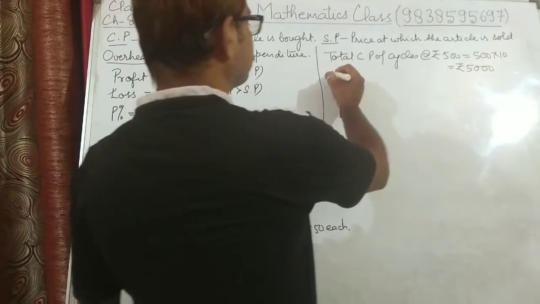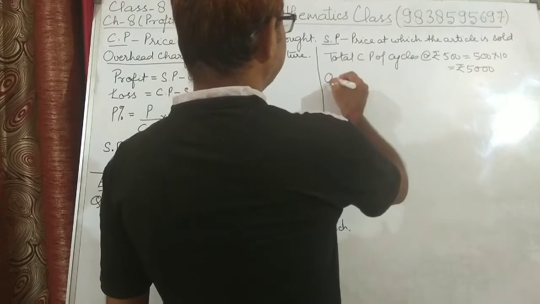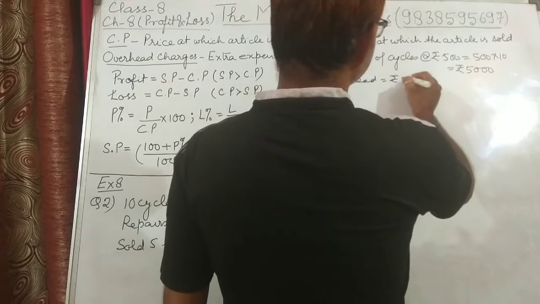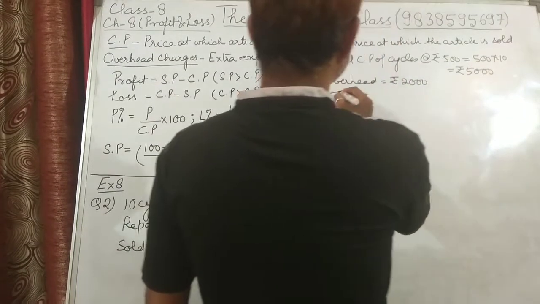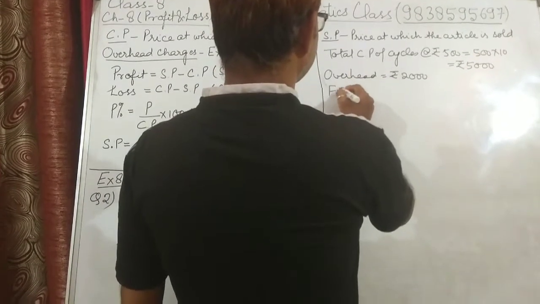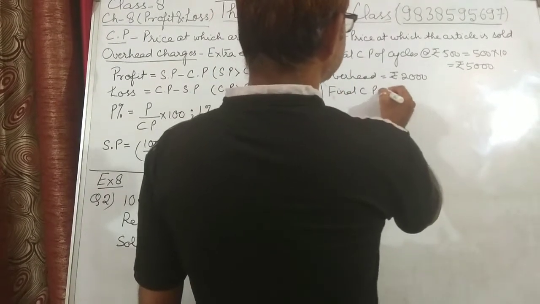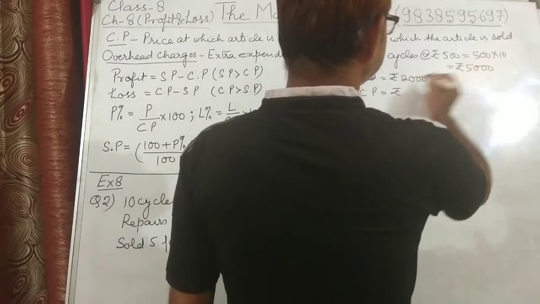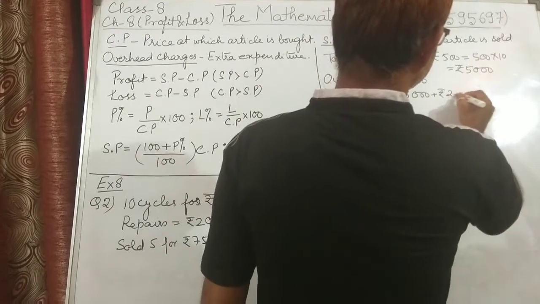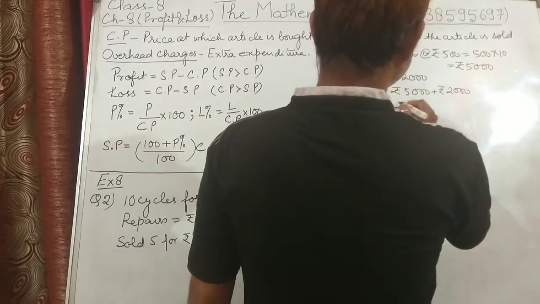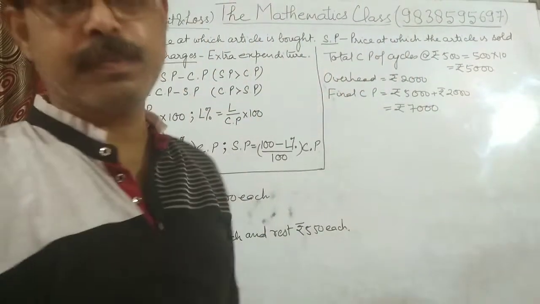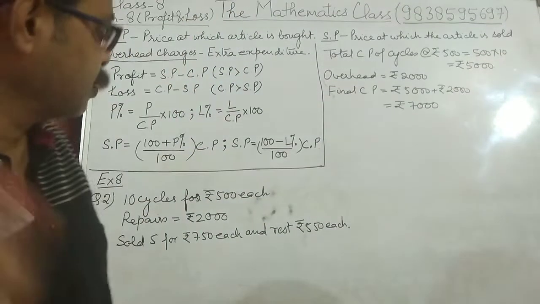Then overhead was rupees 2,000. So total CP, or you can say final CP, is rupees 5,000 plus rupees 2,000, that is rupees 7,000. In total, he spent rupees 7,000.